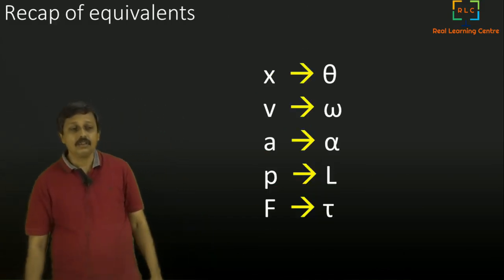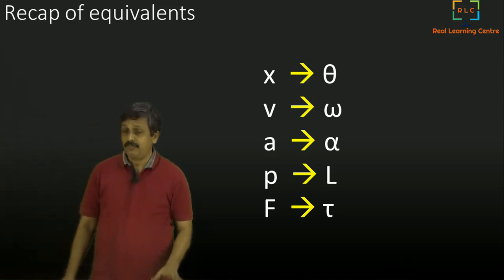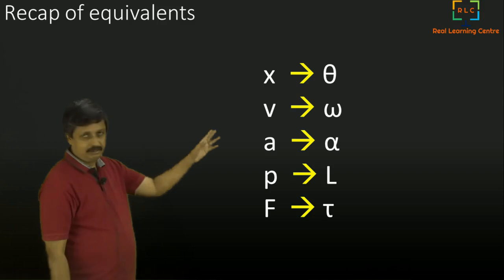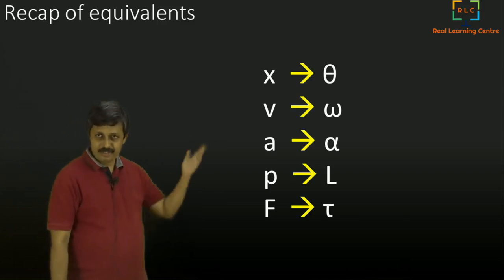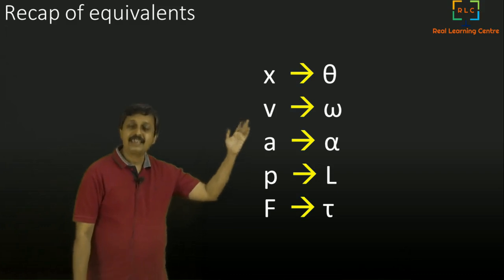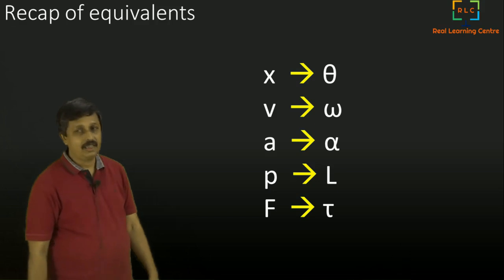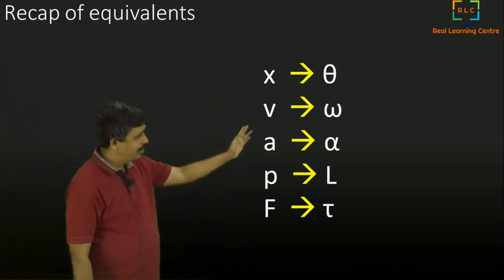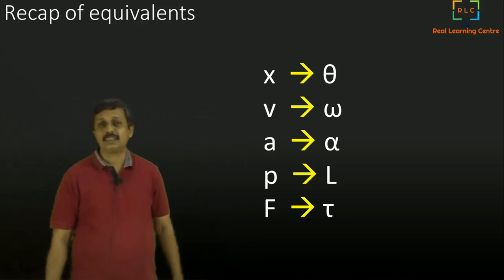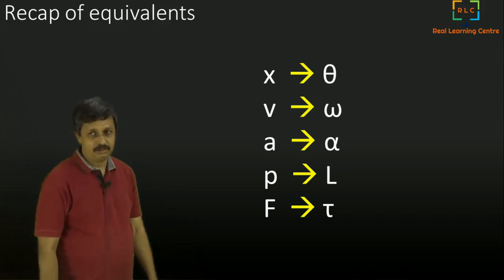Now let us recap some of the equivalents that we have learned. x is the position, or displacement, and theta is the position in rotational motion. Velocity v corresponds to omega, the angular velocity in rotational motion.